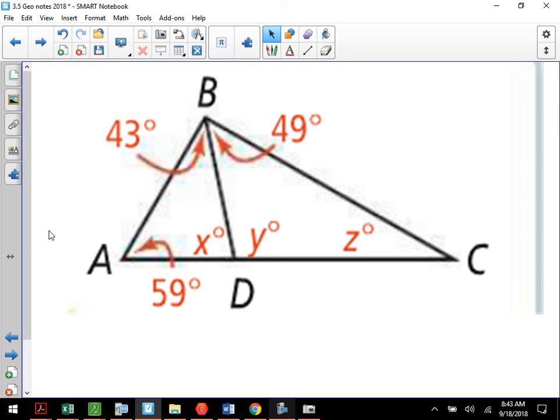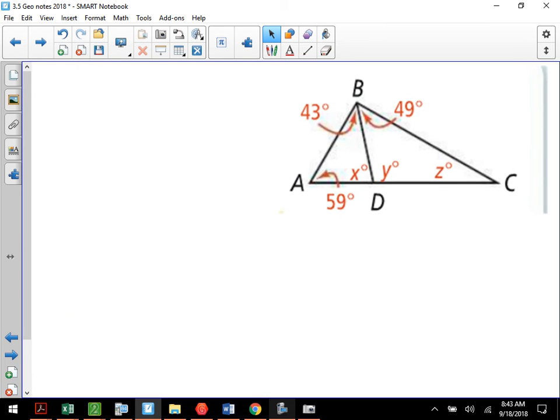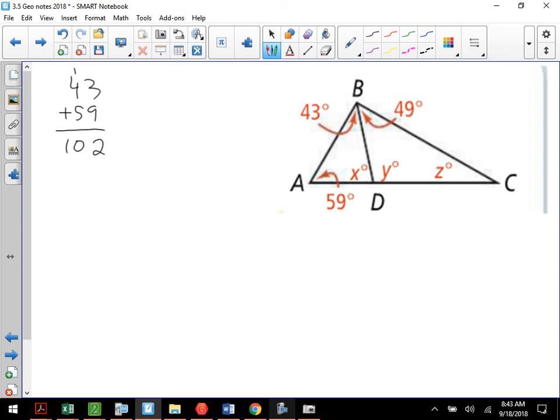If I'm going to figure out what X is, I know that 43 plus 59 is 102.